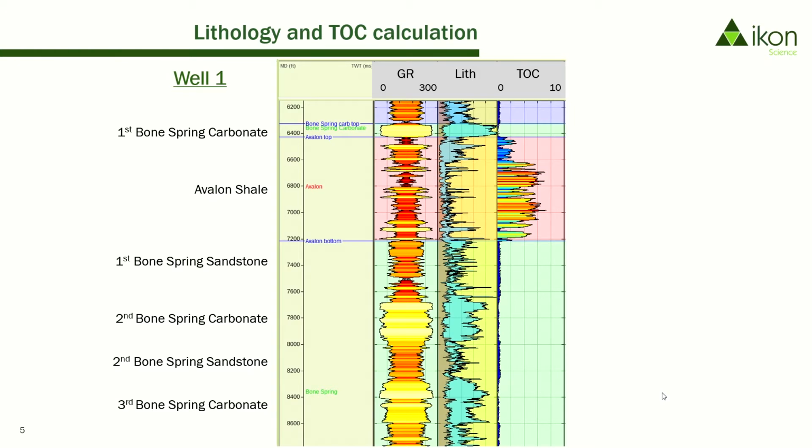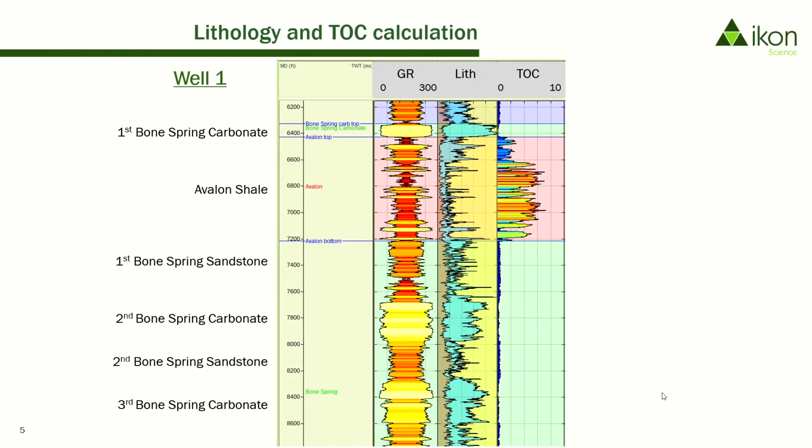But the lithology is computed based on the neutron density crossover for V clay and V shale determination, and my carbonate content is a function of elastic wave velocity, compression wave velocity.